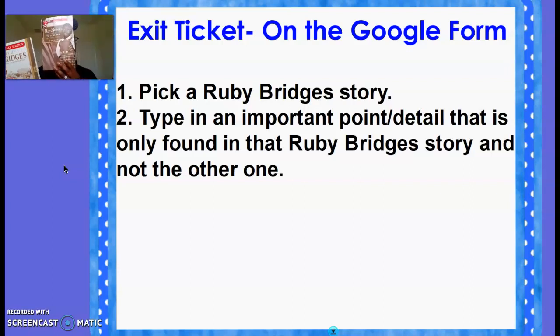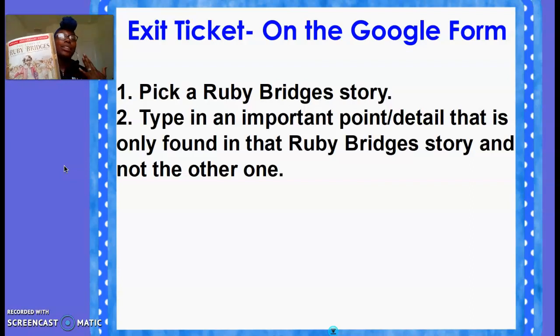Meaning, if I go to this one, I'm not going to see any information about it. So I can't say that Ruby Bridges went to William Frantz Elementary School. That's in both stories. And I can't say that she helped to desegregate the schools. That's in both stories. I need to find something unique to this story.